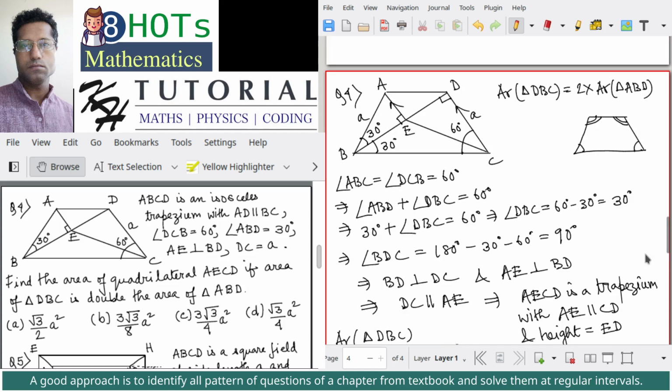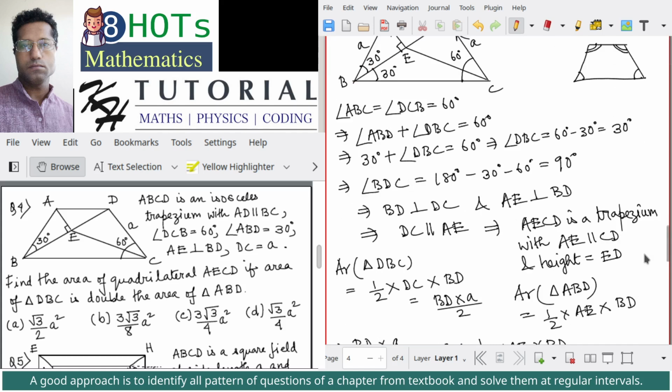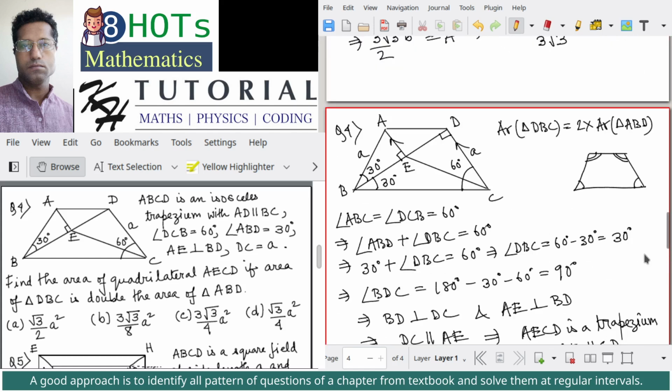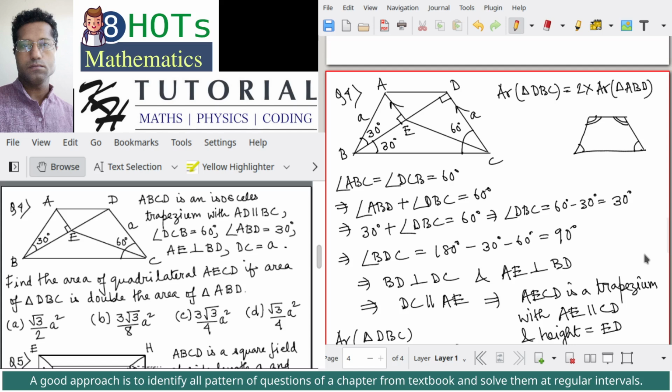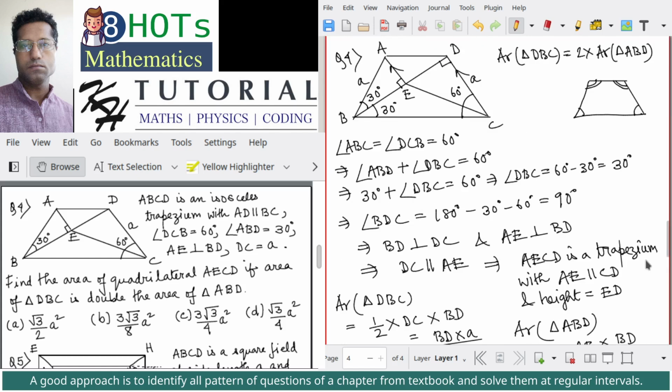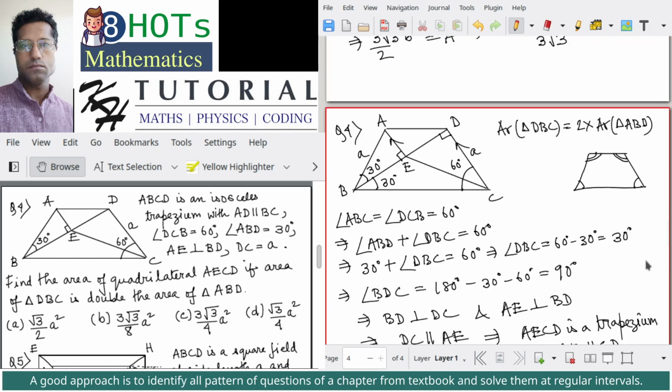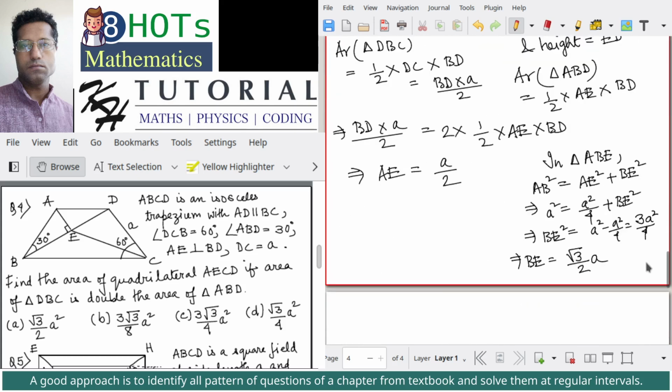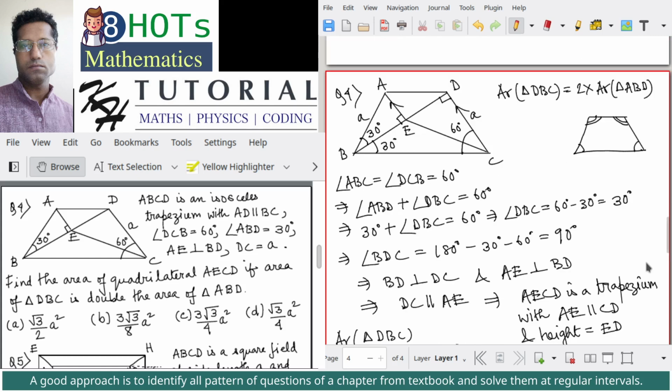AE is A by 2, BE is root 3 by 2 A. We got BE. How do we know ED?